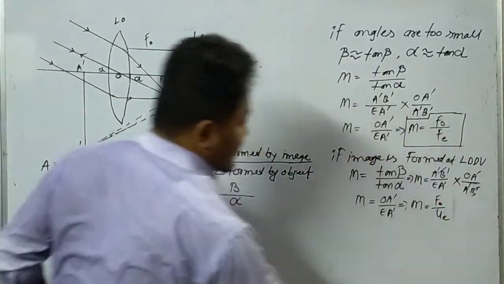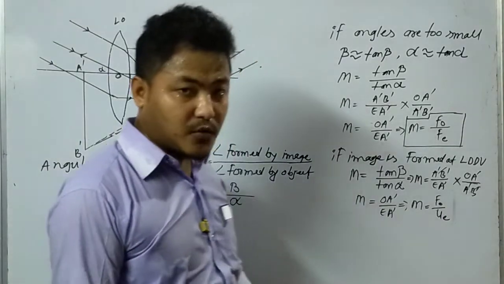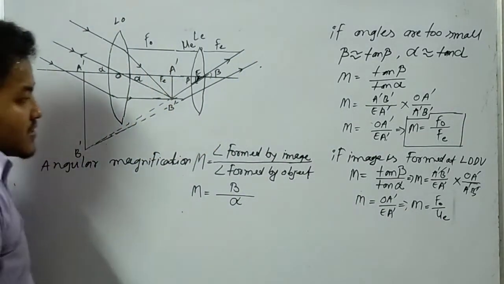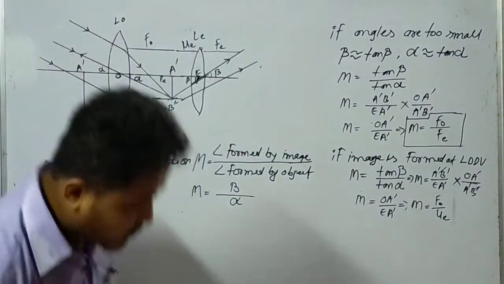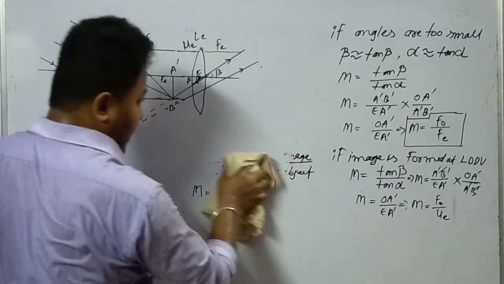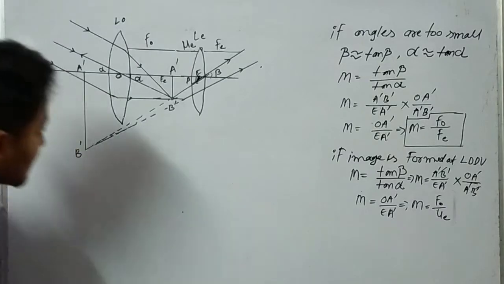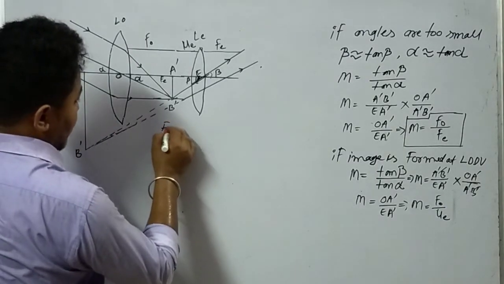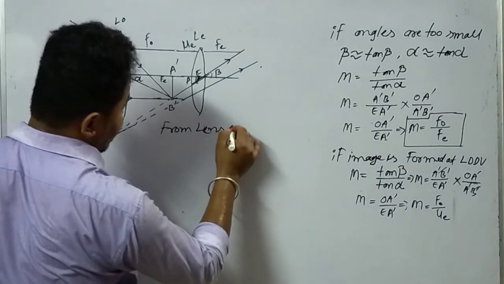once the object is at least distance of distinct vision. But in this case, we have to apply the lens formula, since the image is forming at least distance of distinct vision. If I bring the lens formula here, everyone knows what the lens formula is. You write now from lens formula.